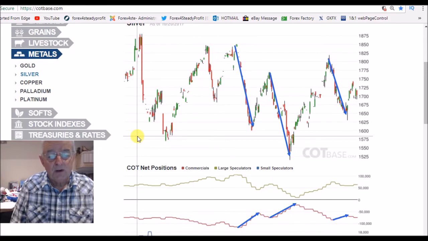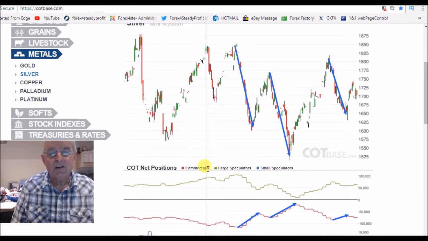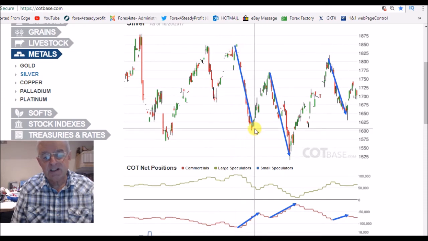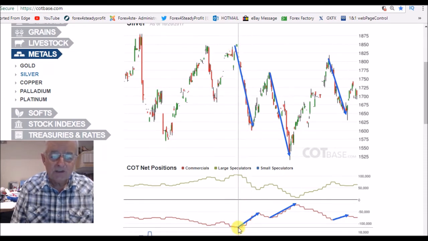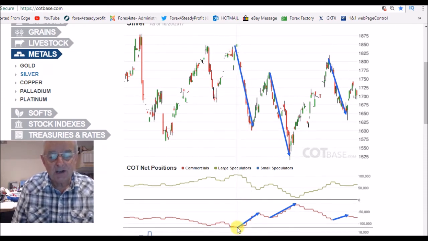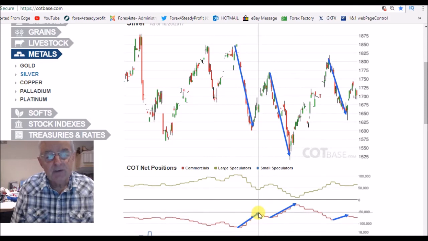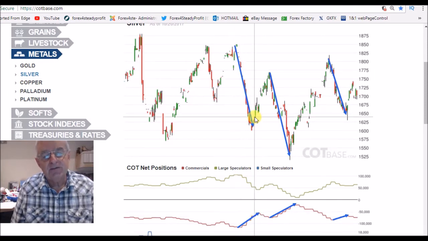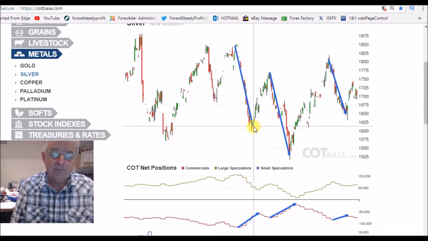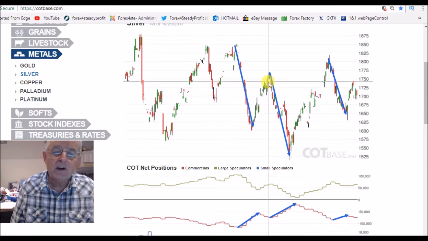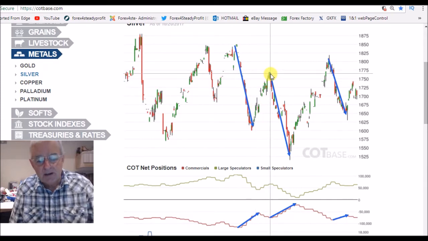Silver. Well, this has had some really nice smooth moves. That was a really nice smooth move. We saw the commitment to traders, the commercials were completely opposite and at an extreme to the speculators. They moved down and the price moved nicely down. Not much of a move the other way on the graph, but we had quite a hike in the price.